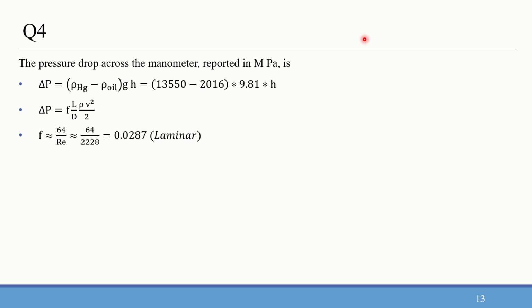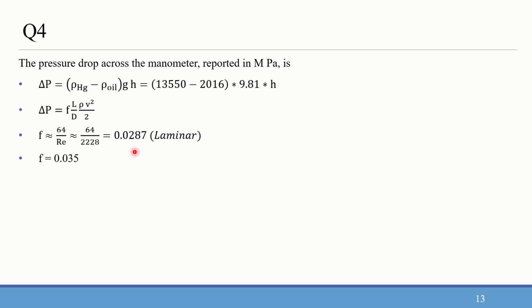Here F is the friction factor. Based on laminar flow or turbulent flow, it varies. For laminar flow, it is 64 by Re, but for turbulent flow it would be higher.